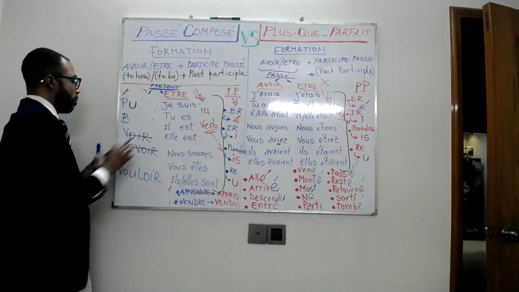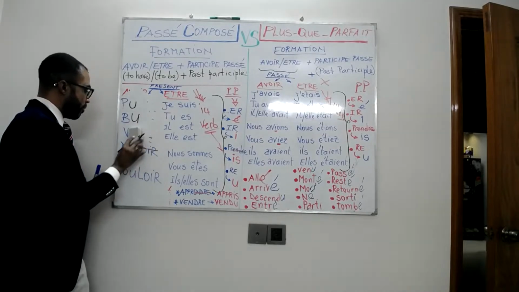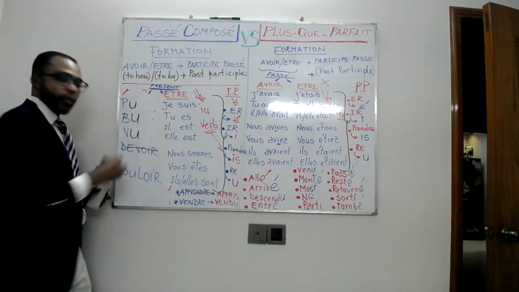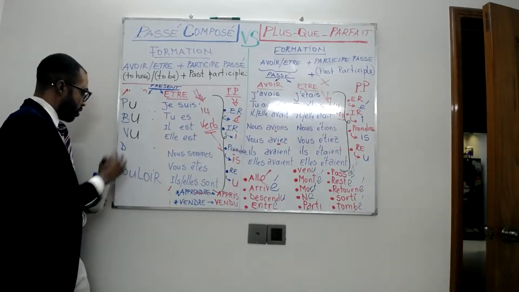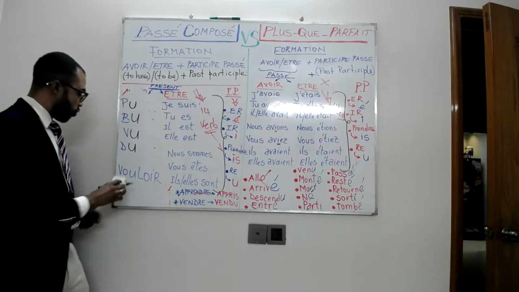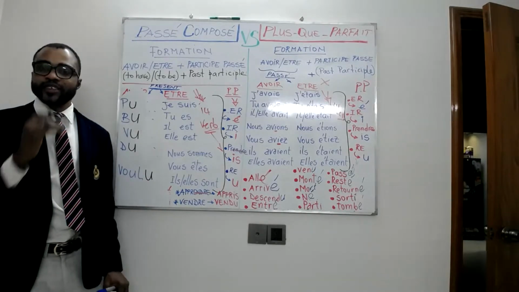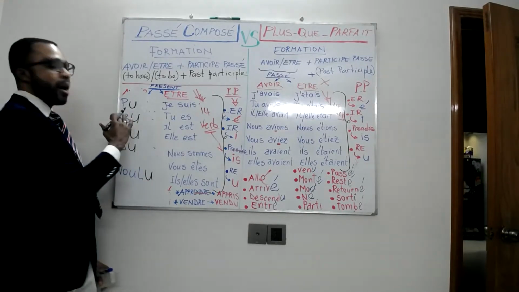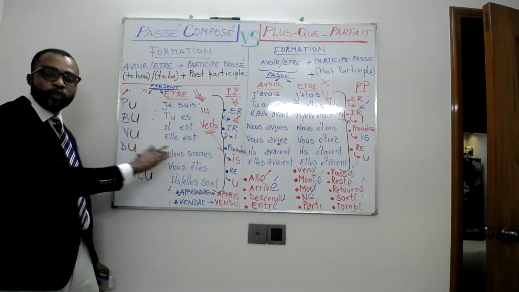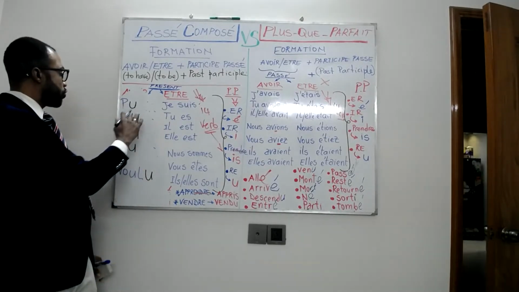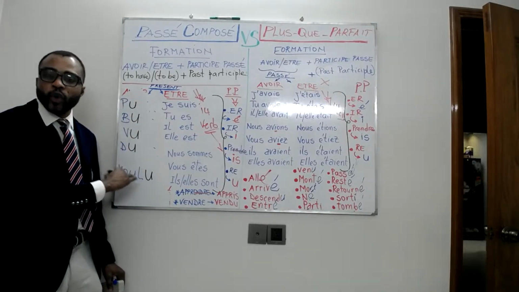Boire will become bu. Voir will become vu. Devoir will become dû. Vouloir will become voulu. So this is how you can remember and master this verb. Pouvoir, boire, voir, devoir, and vouloir. So for this verb, we get pu, bu, vu, dû, and voulu.